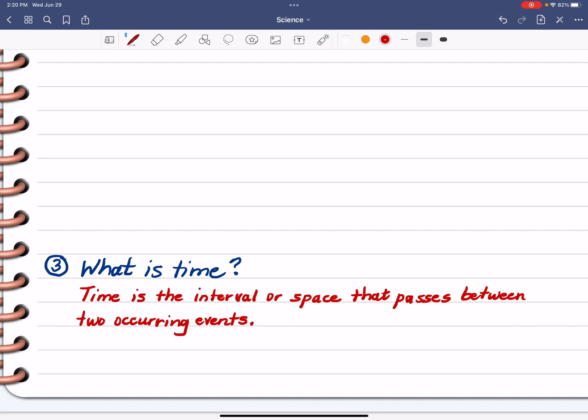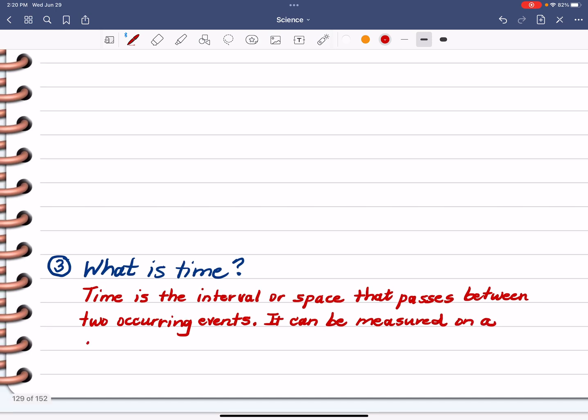We can put a period here and say it can be measured on a clock or stopwatch.